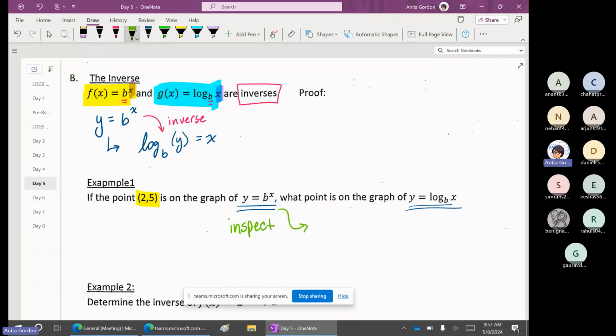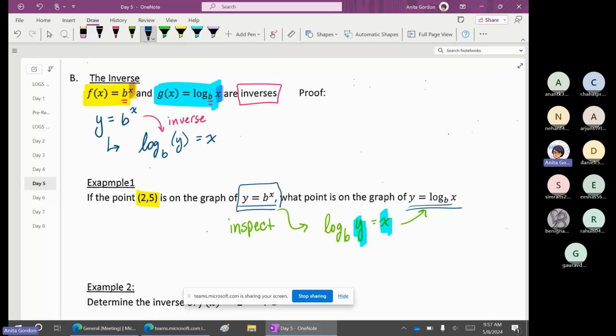I can invert this by writing it as log base b of y equals x. That's exactly what I have here, or similar to it. If I swap the x and y positions, that gives me an inverse, right? So if these are inverses of each other, then I know how to map it on the graph.